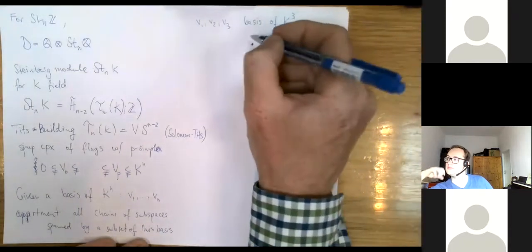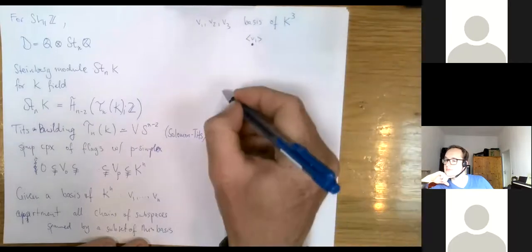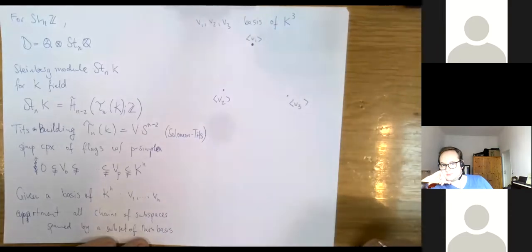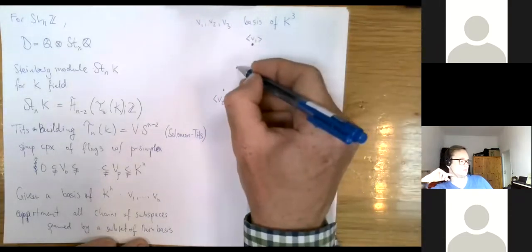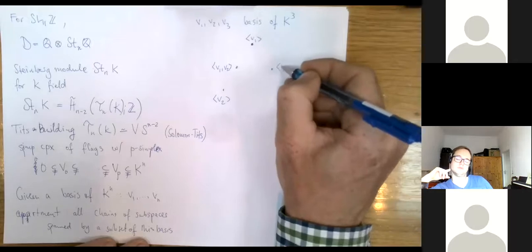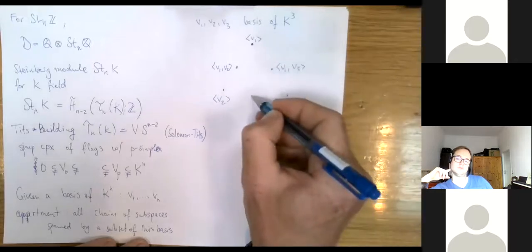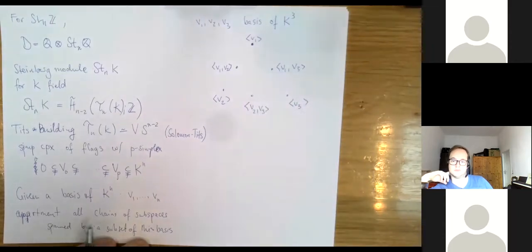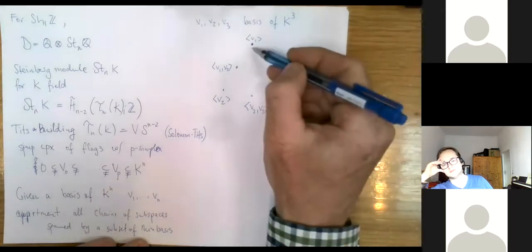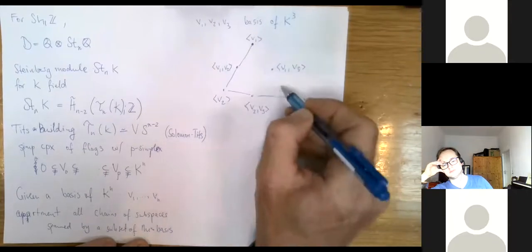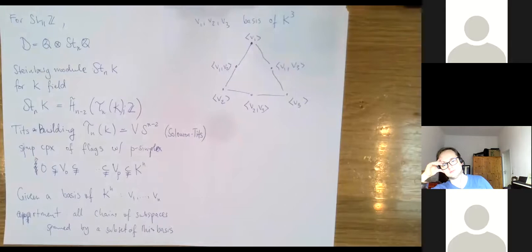I have the subspace spanned by v1, by v2, by v3, and then I have the subspaces spanned by v1 and v2, the subspace spanned by v1 and v3, and the subspace spanned by v2 and v3. And then a chain is an inclusion.